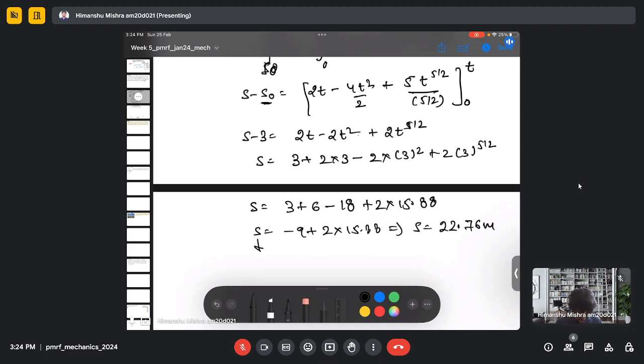So this is the distance, or the position, sorry, at time equals 3.